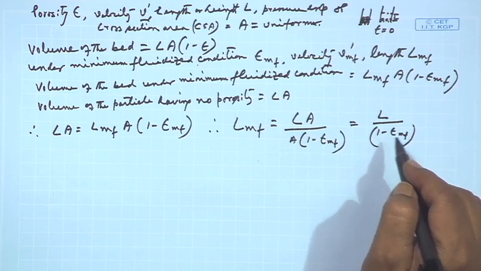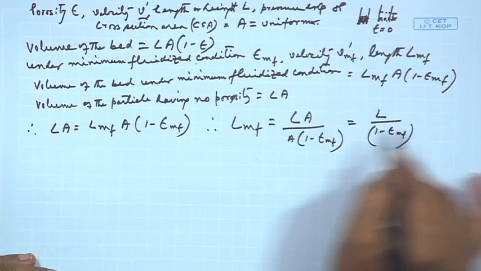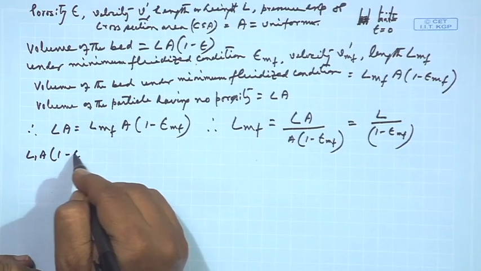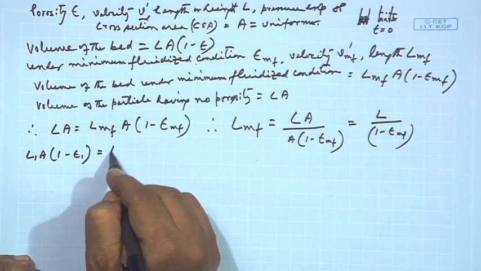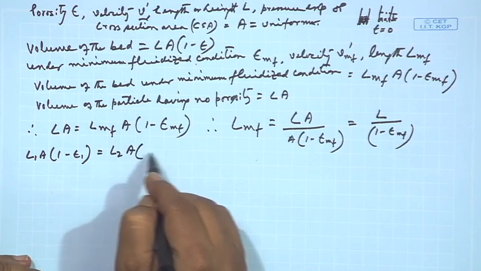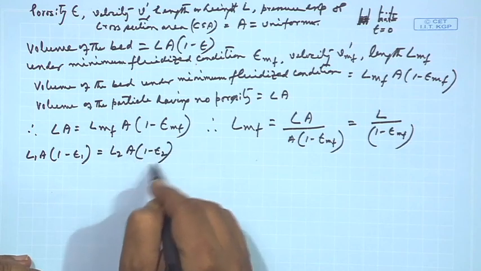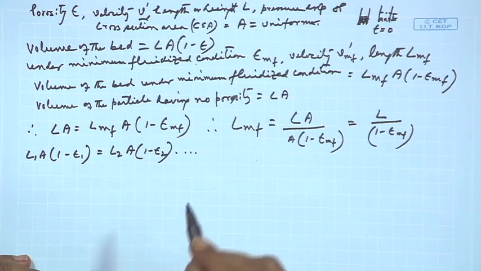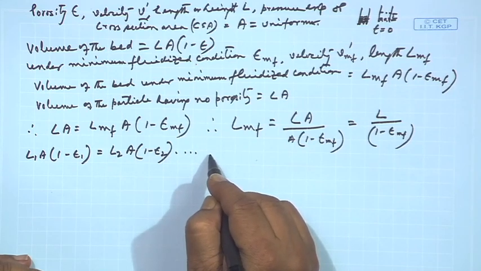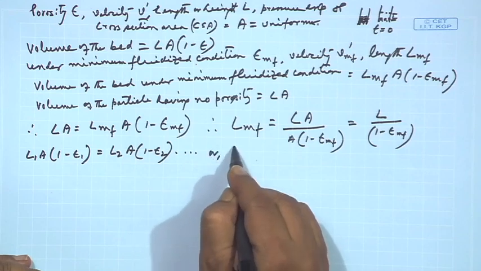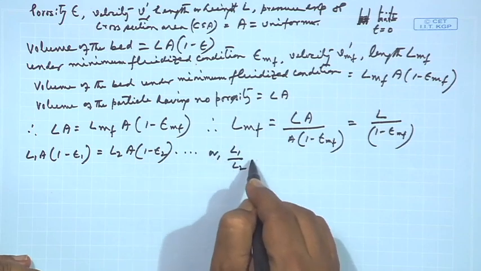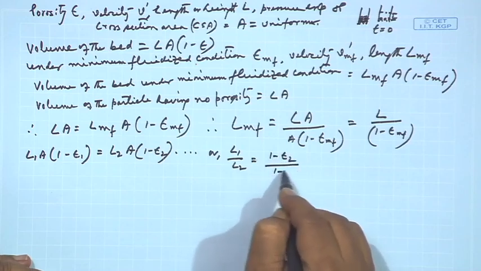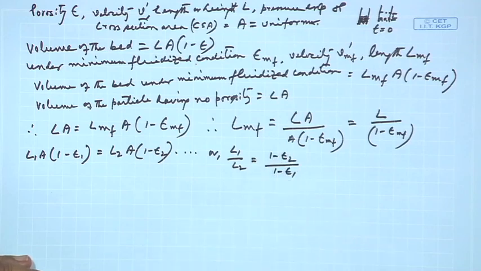So, we can easily write that L1 (1 minus epsilon 1) must be equal to L2 (1 minus epsilon 2), etc. That means we can say that L1 over L2 is equal to (1 minus epsilon 2) by (1 minus epsilon 1).